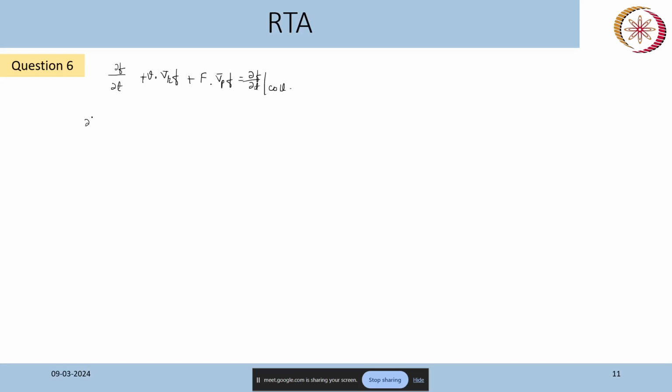Basically, del f by del t is equal to minus the diffusion term, minus the drift term due to applied force.